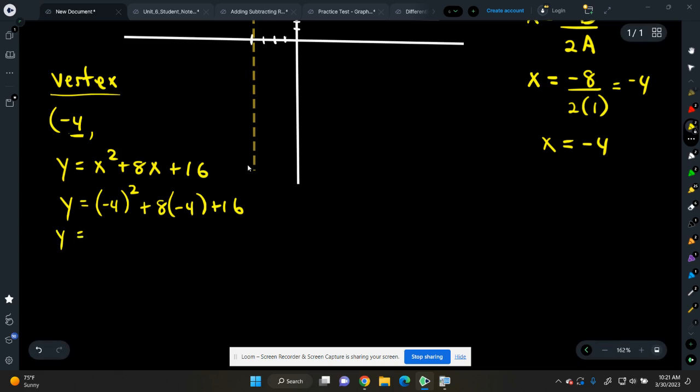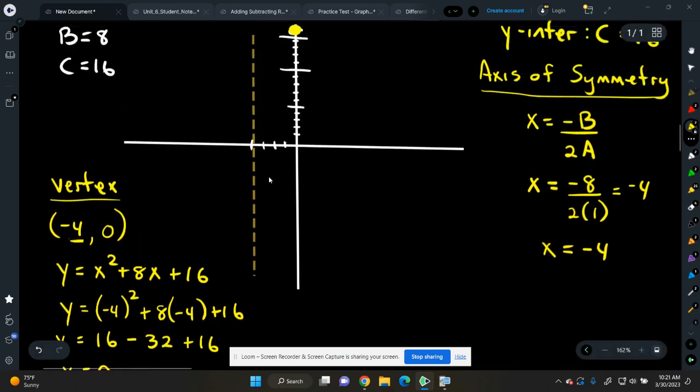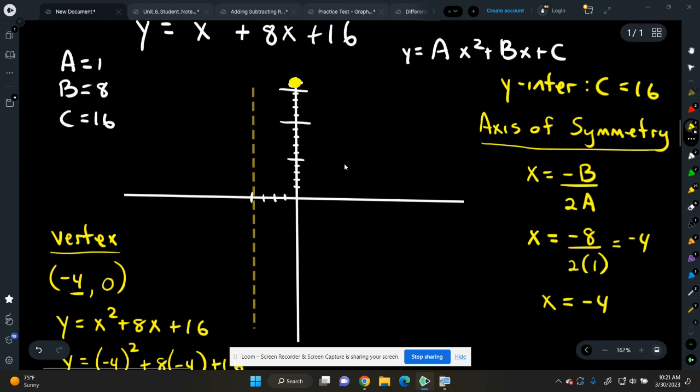So y equals 16 minus 32 plus 16, which equals 0. So the vertex is the point -4, 0. That's the vertex. Now on the graph, we put our point, -4, 0.